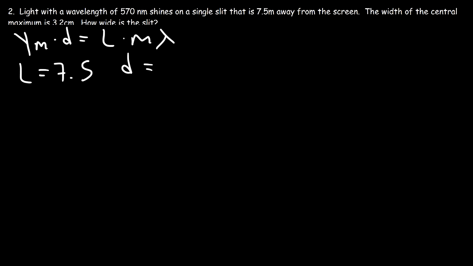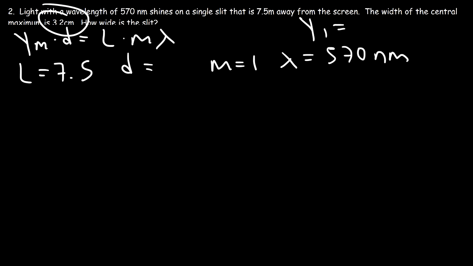Our goal is to look for d. M is 1, since the central maximum is bounded by the first dark fringe on either side. And we have lambda. That's 570 nanometers. And Ym, or Y1, is half of the width of the central maximum, so that's 1.6 centimeters.